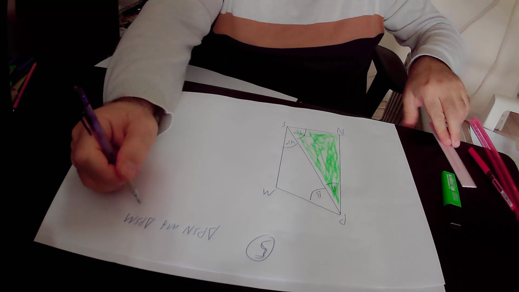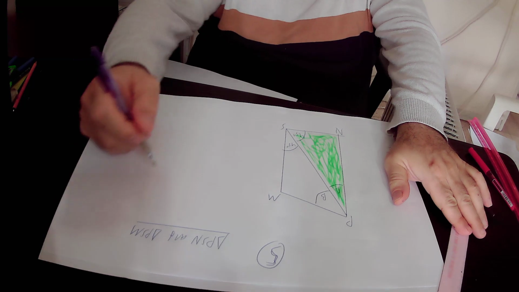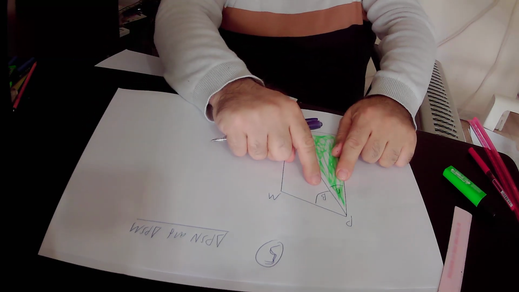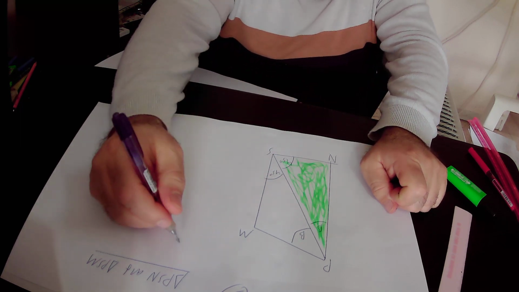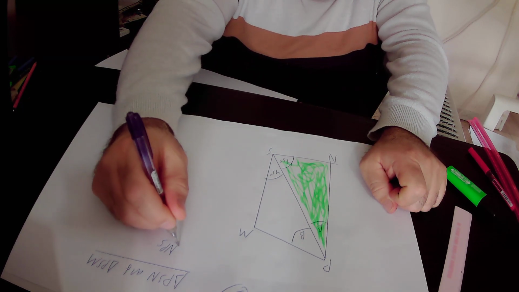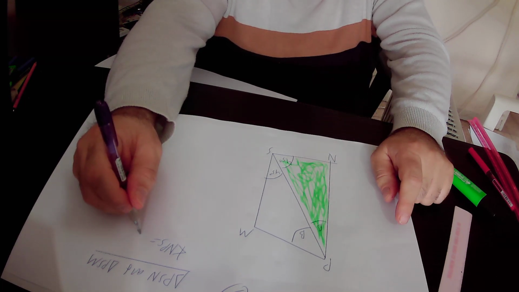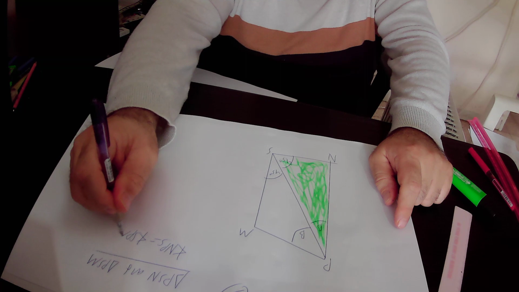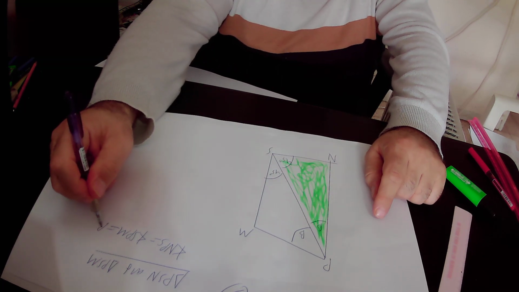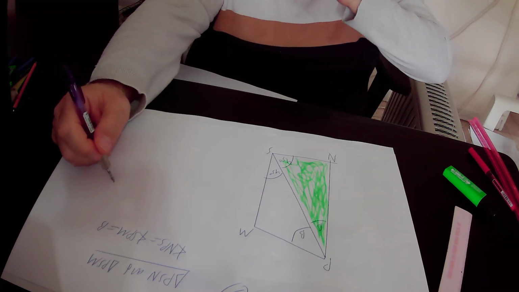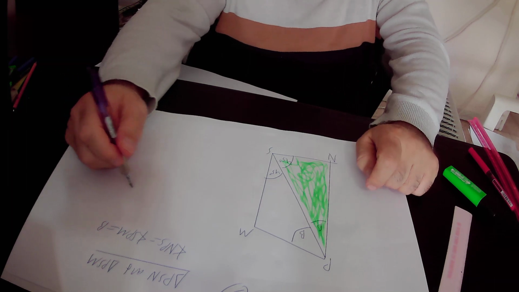So why are they congruent to each other? First of all, those two angles are equal to each other, they are both equal to beta. So angle NPS in the green triangle equals angle SPM in the white triangle. And both those two angles are equal to beta. We also have a common side, PS is a common side.